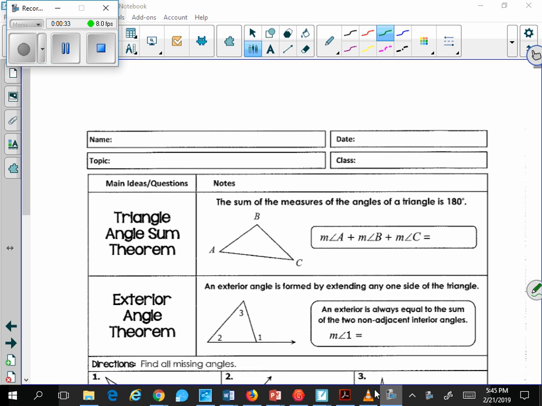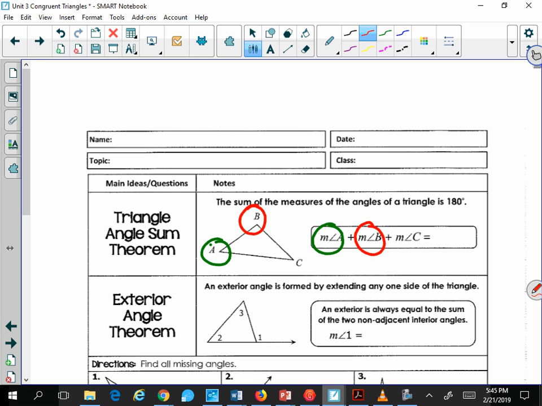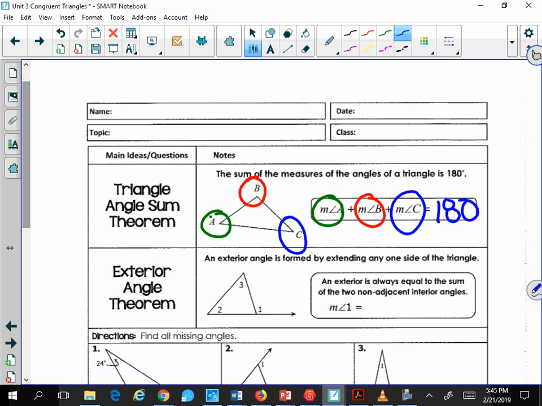So if I take the measure of angle A and add it to the measure of angle B, and I add it to the measure of angle C, all of those together should equal 180 degrees. That's something that we already talked about last class, and you probably came to this class already knowing. And we're going to use it a lot now.